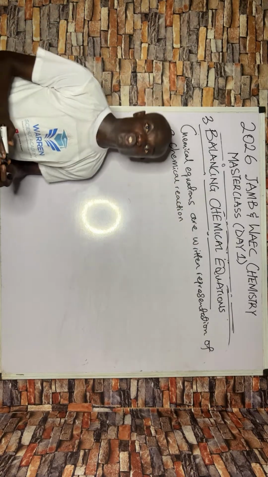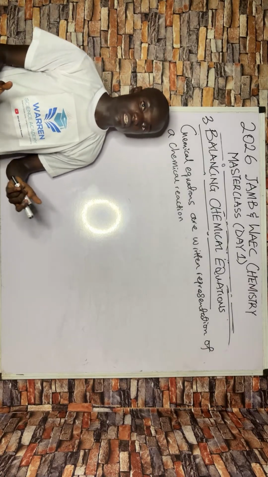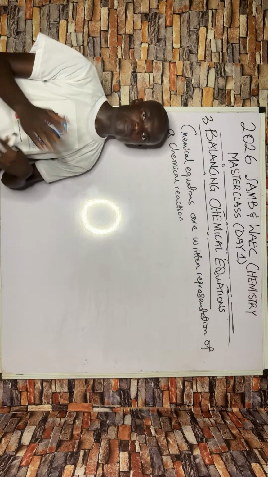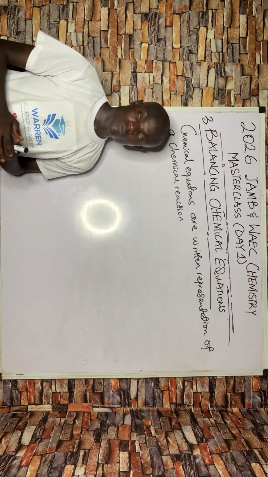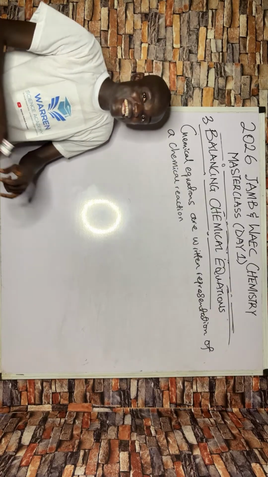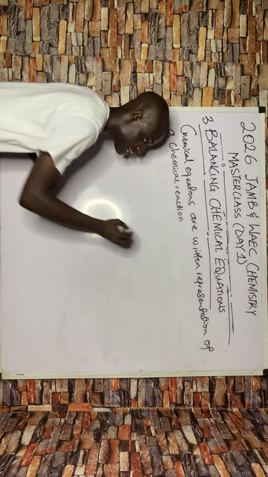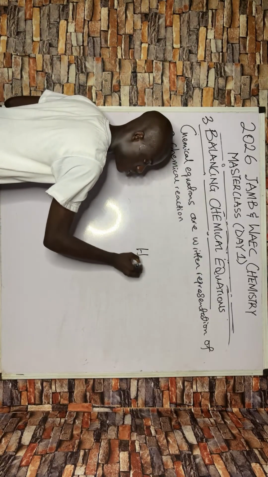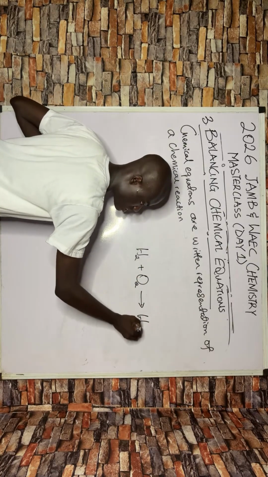Now, when we take chemical substances in the lab, we take substance A and substance B, and then we mix them together, we bring them together. So many things will happen. We might not be able to see what has happened, but we can write what is going on. We can tell that if I take hydrogen gas and oxygen gas, we end up having water.